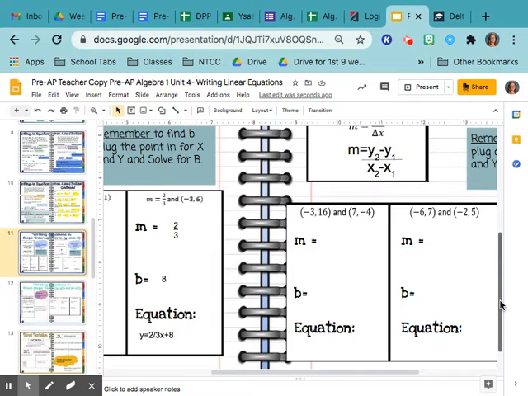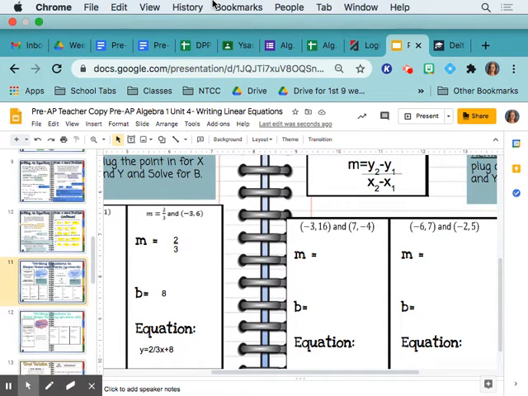So then write down your first two coordinates that we are finding the equation for. Okay, so are you going to use the same page or go to the next page?